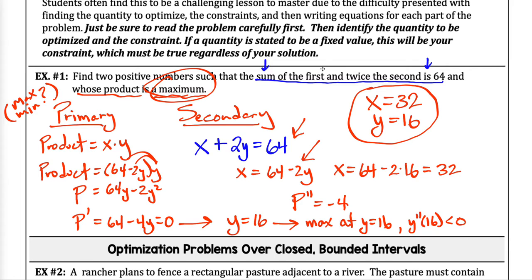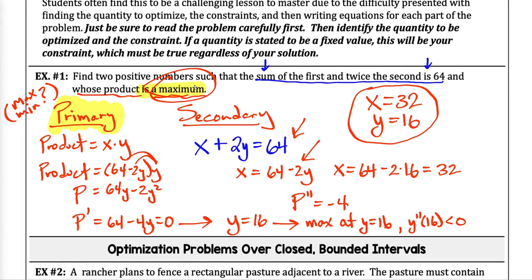But the general outline is, here, I'll highlight for the video. The general method is that you're always going to identify a primary equation, and that can be found when the question asks you to find something that's a maximum or minimum.